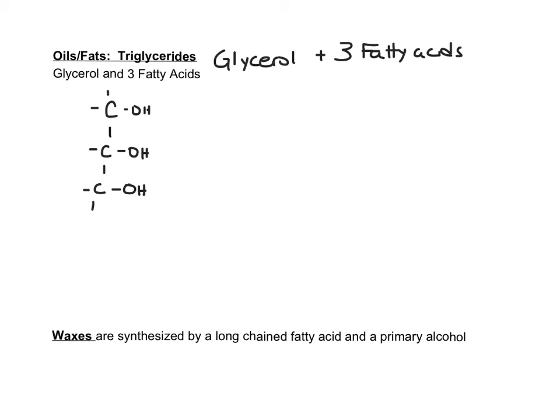And a way to remember a fatty acid, a lot of times when we're talking molecular structure, an acid is a carboxylic acid group. So remember, you've got a carboxylic acid, which is a carbon, a double bonded oxygen, and a hydroxyl or an OH attached to it. That's the acid.